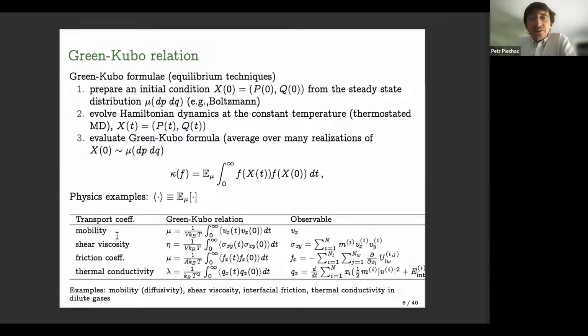The estimates for transport coefficients like mobility or shear viscosity have a specific form in this Green-Kubo formulation for particular choice of these observables f, and the Green-Kubo estimator requires computing estimates with respect to this equilibrium distribution of these correlation functions.